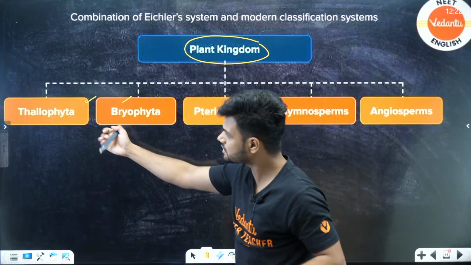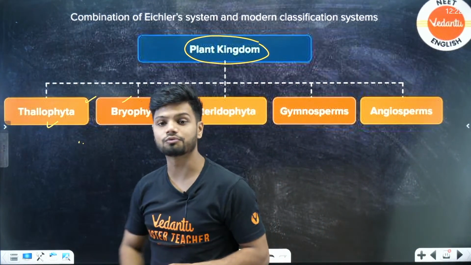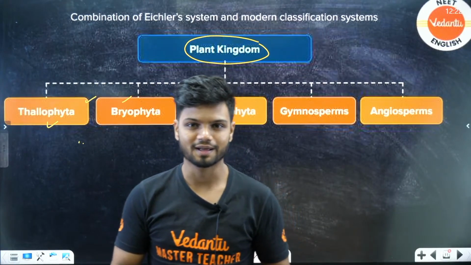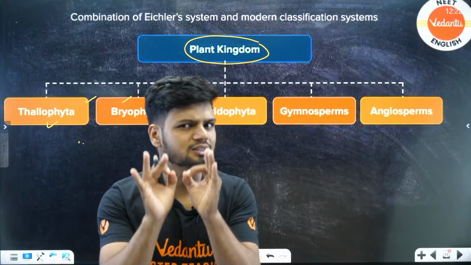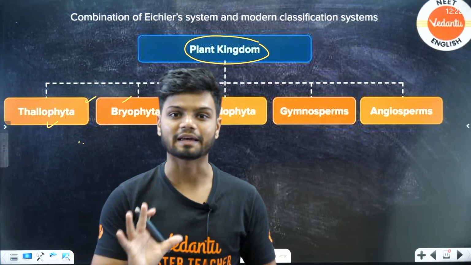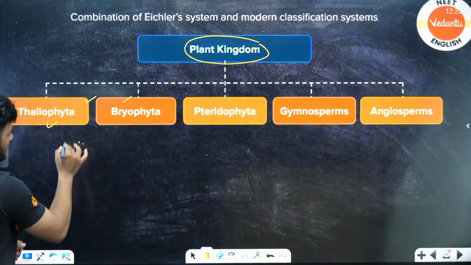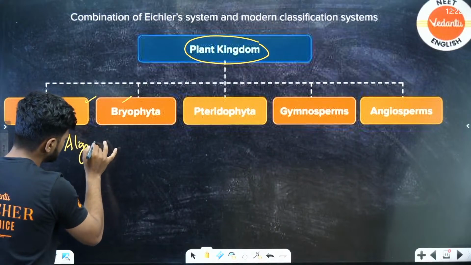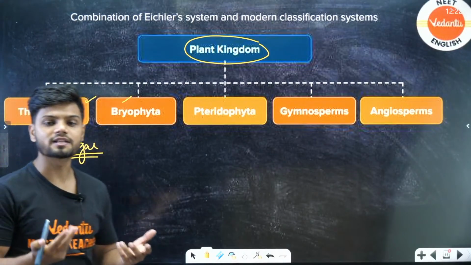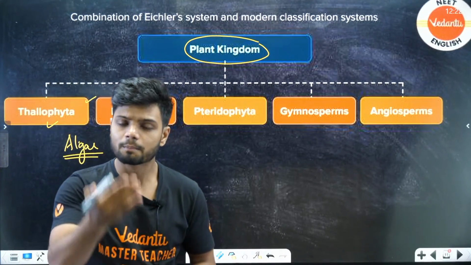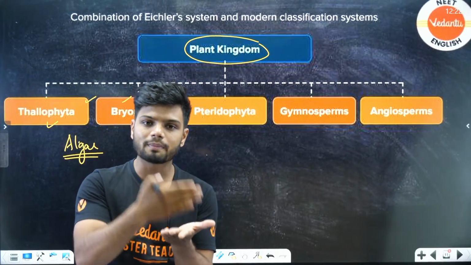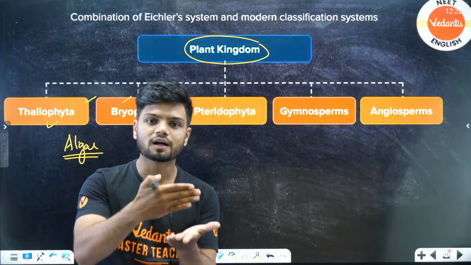But in today's class, we'll be focusing on thallophytes. Under thallophytes, we have algae. Initially, under thallophytes, we also had lichens and fungi. But right now under thallophytes, the main organism is going to be algae.